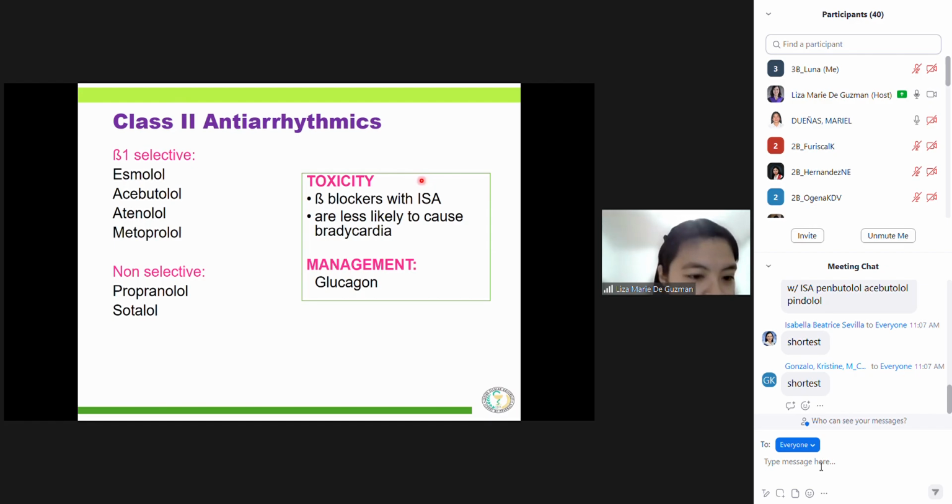And then now we have non-selective, the propranolol and sotalol. So both for beta 1 and beta 2. What would be the effect of propranolol in beta 2 receptor? Do you still remember? Or where are non-selective beta blockers contraindicated?